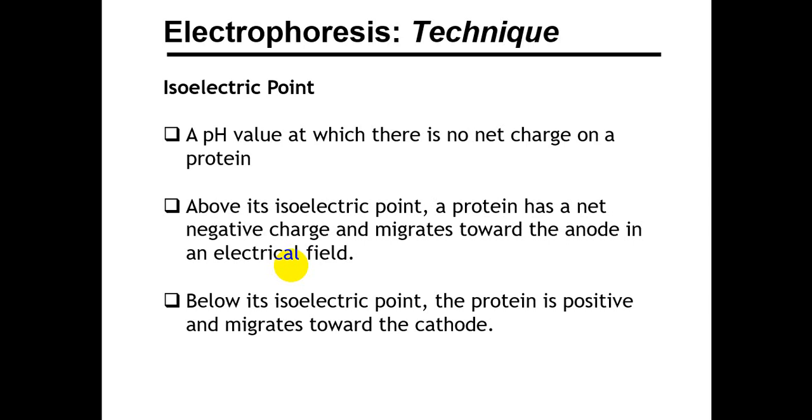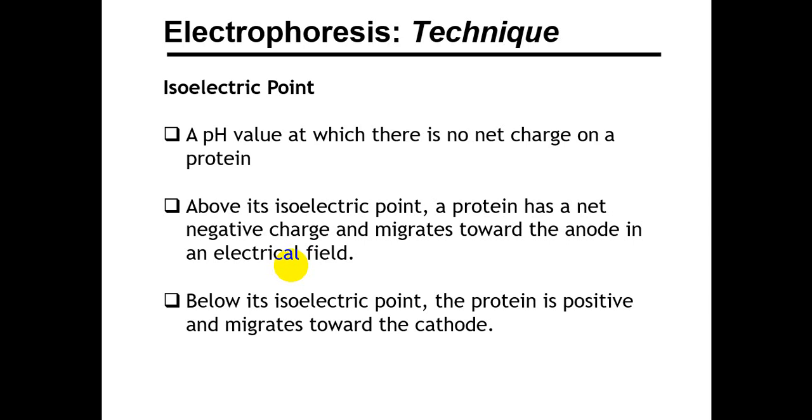So bases are negative. So above its isoelectric point, which is above the pH of 7, a protein has a net negative charge and migrates towards the anode in an electric field. And below its isoelectric point, the same protein is positive and migrates towards the cathode.